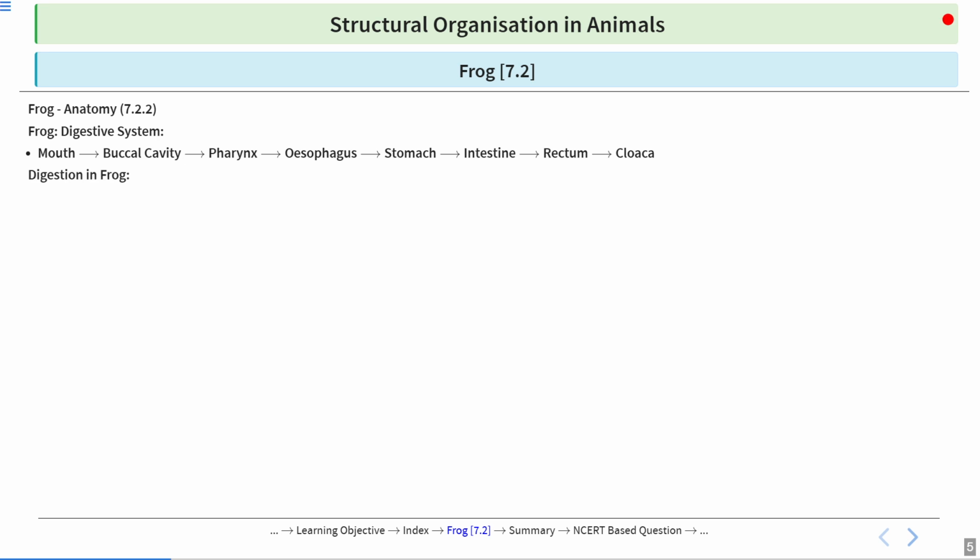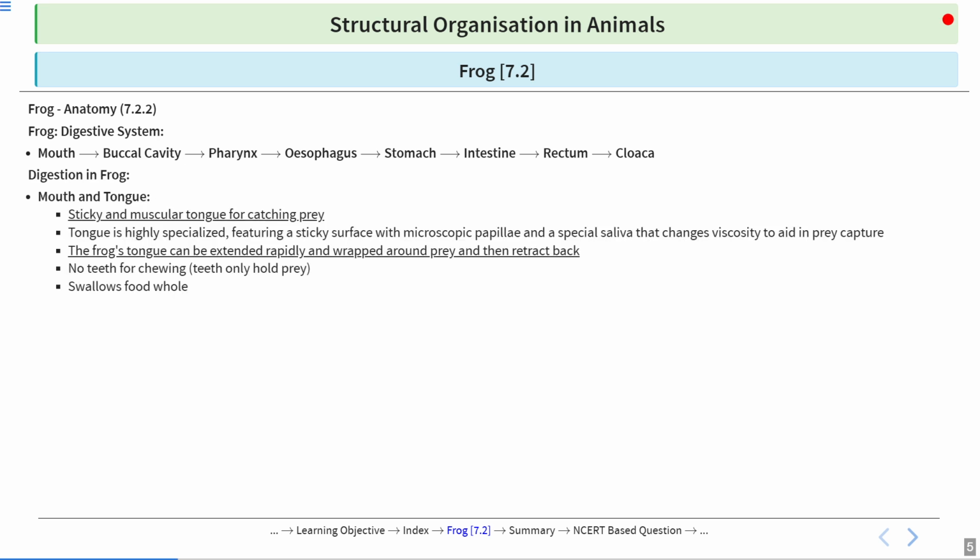So let us start digestion in frog. And for that, we will study about the structure first. Structure of the digestive organs in frog. So first of all, we will discuss the mouth and tongue. So what type of mouth and tongue is it?